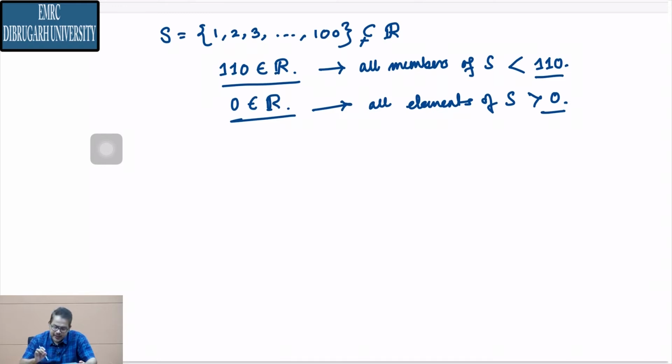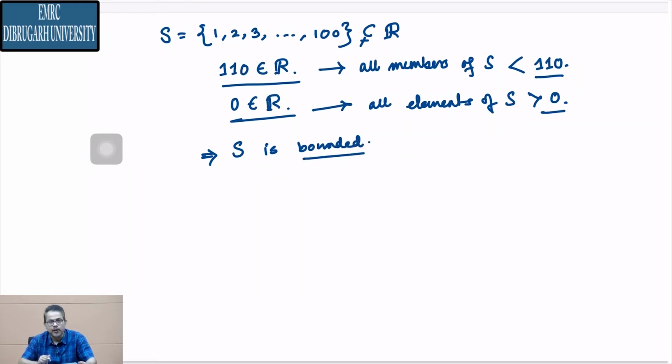Therefore, we can find at least one real number which is greater than all the elements of S, and at least one which is less than all the elements of S. It means the set S is bounded, that is, it is bounded both above and below.